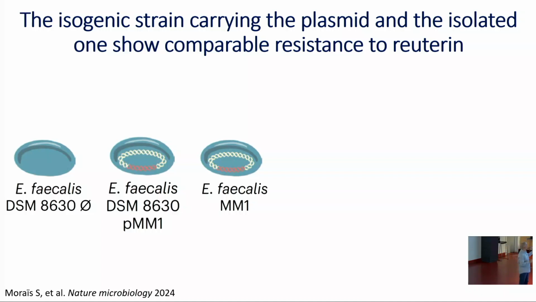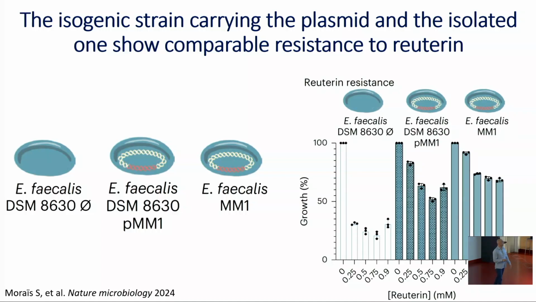So in order to do that, we ordered an isogenic strain from the DSM that doesn't have the plasmid. We cloned the plasmid into this strain, not an easy task, and we compared it to the isolate that we isolated from the environment itself. And we exposed it to reuterin.